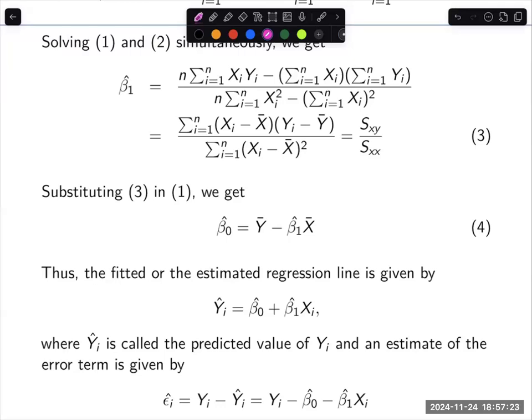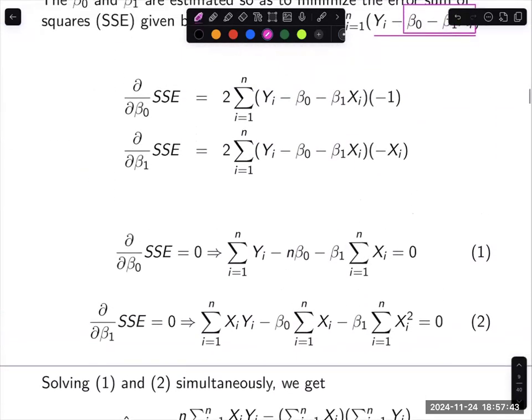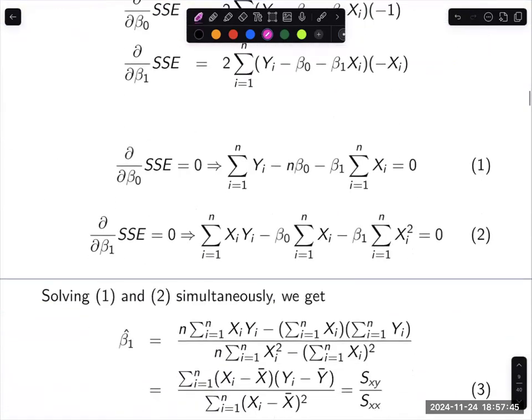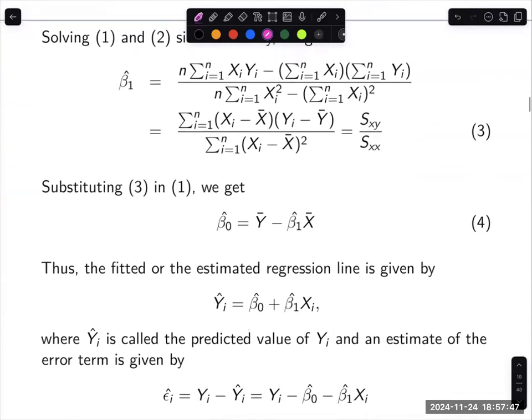In the numerator, we have the cross product of xi minus x bar times yi minus y bar, summed together, which we denote as Sxy. So this would be the minimizer of the SSE mentioned above for beta 1.